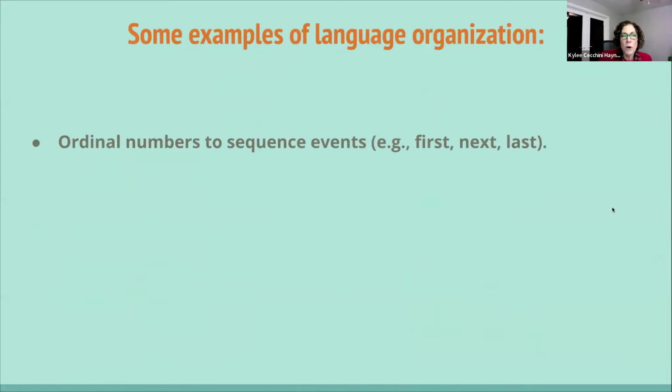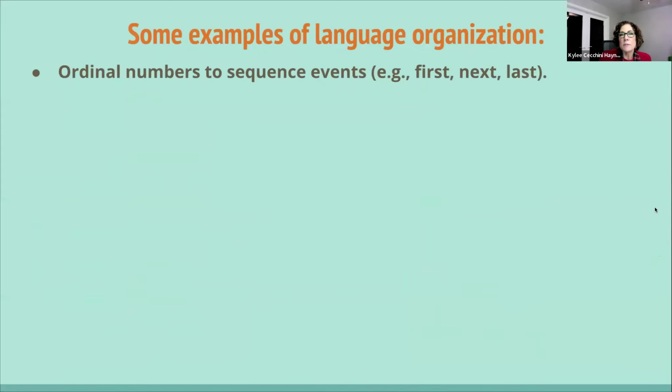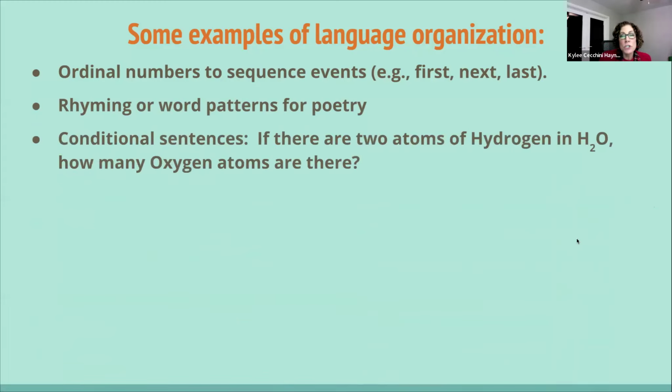All right. So some examples of language organization are ordinal numbers to sequence events like first, next, last. Rhyming or word patterns for poetry. So there's a pattern or an organization. Conditional sentences like an if-then, or if there are two atoms of hydrogen in H2O, how many oxygen atoms.